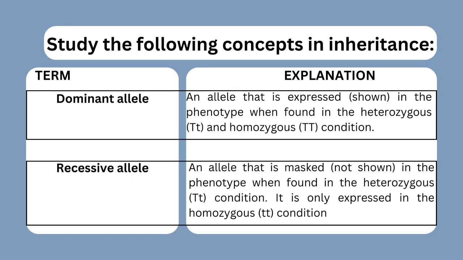Dominant allele: an allele that is expressed, shown, in the phenotype when found in the heterozygous, Tt, and homozygous, TT, condition. Recessive allele: an allele that is masked, not shown, in the phenotype when found in the heterozygous, Tt, condition. It is only expressed in the homozygous, tt, condition.